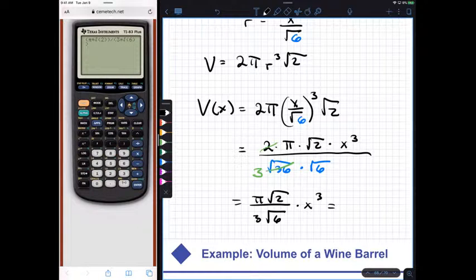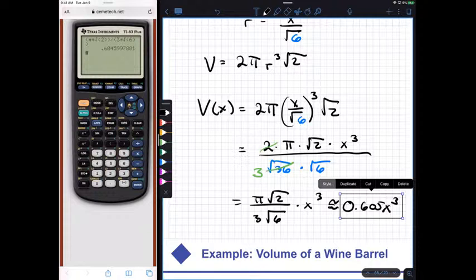So then we get approximately 0.605 x cubed. Right? Okay. So all I did, I simplified the expression down as far as I could, and then I just went on and crunched the number to find that number.